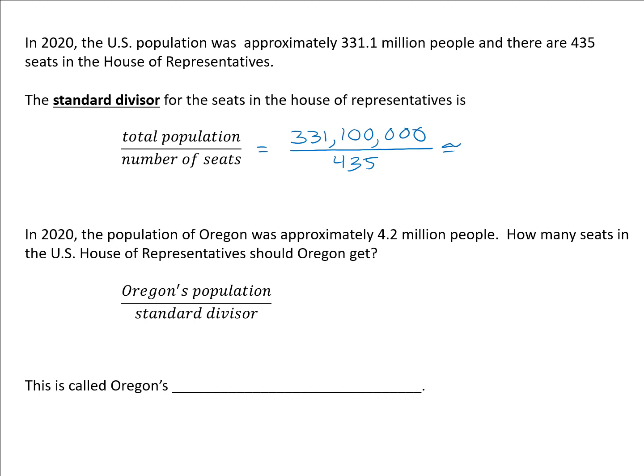So if we approximate that, because we do get a decimal number, that ends up being 761,149. I'm just going to round the whole person here because it's so big anyway. So every district would ideally have 761,149 people in it. This is the ideal number of people per district.